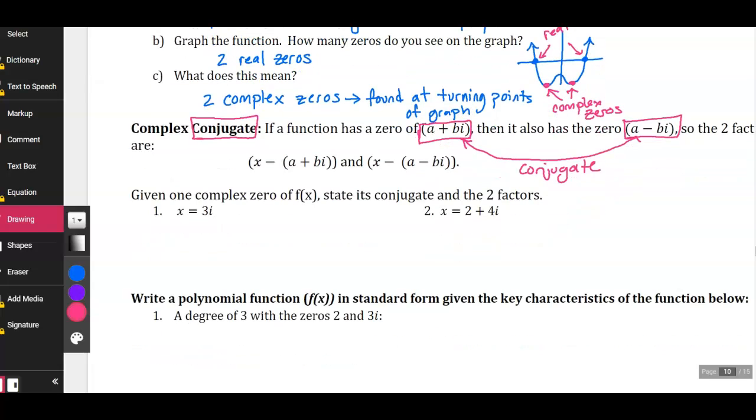So let's see what that really means here. Given one complex zero of f of x, state its conjugate and the two factors. So here we have x equals 3i. Because we know that 3i is a complex zero, what else do we know is a complex zero for this problem?